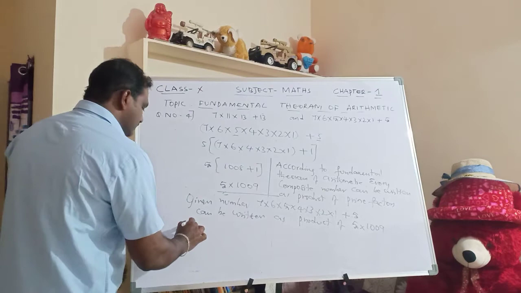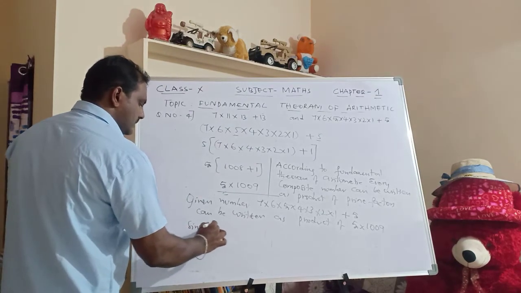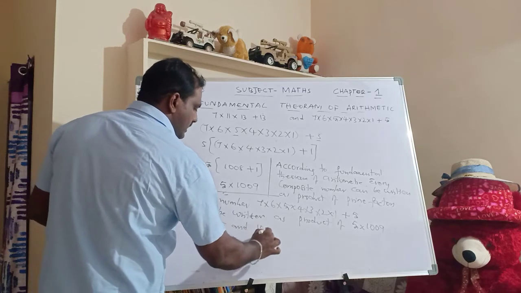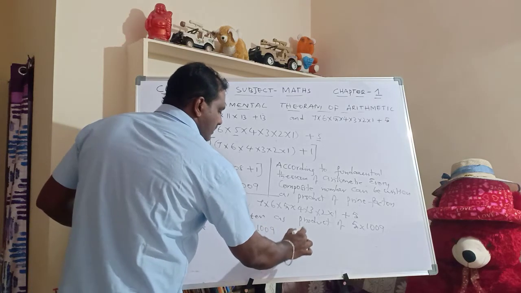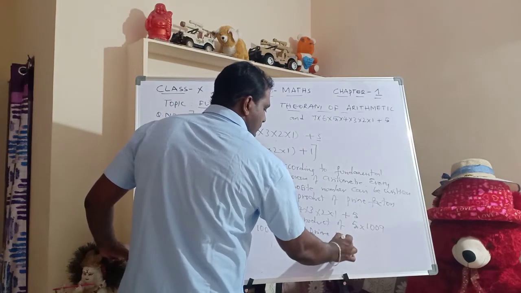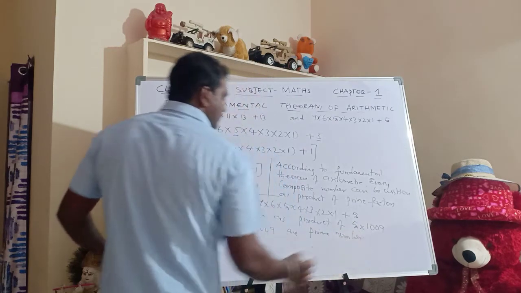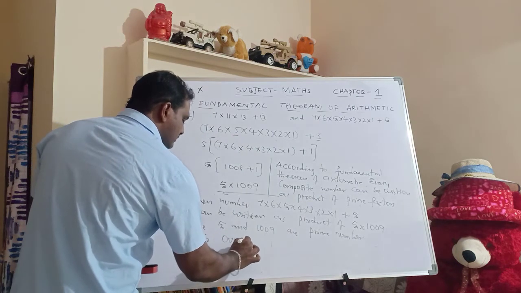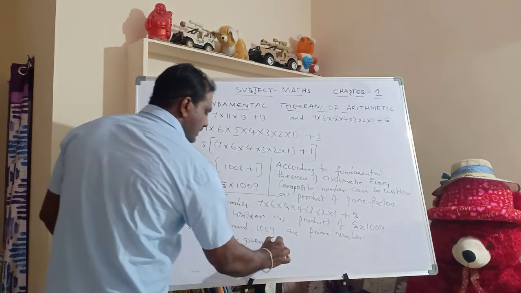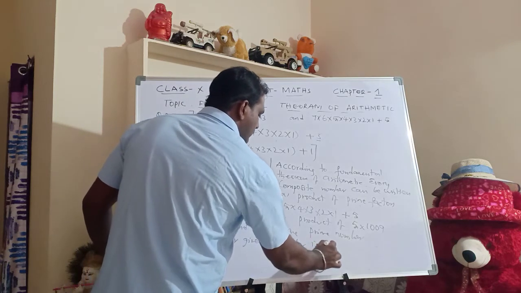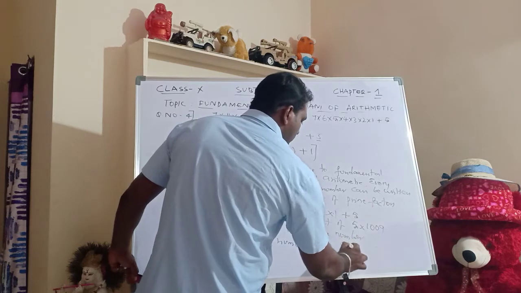So since 5 and 1009 are prime numbers, our given number is a composite number.